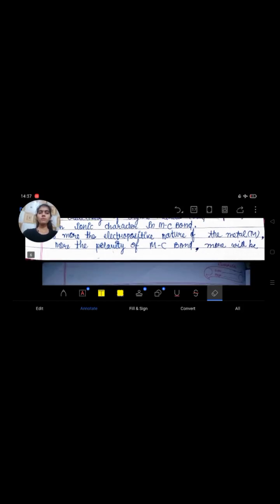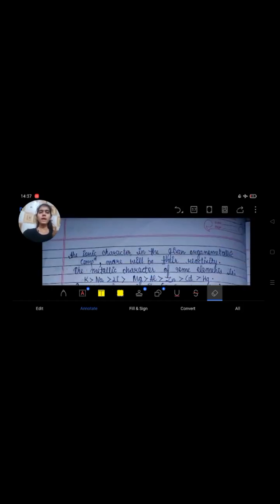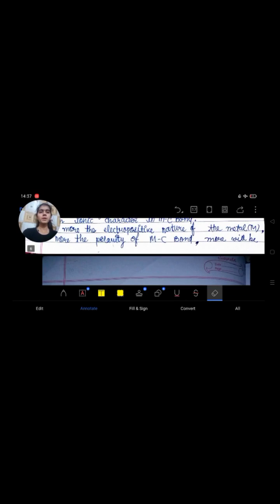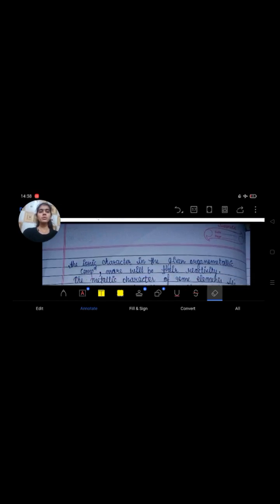That means the more ionic character in the given organometallic compound, and the more their reactivity. We can relate that the polarity of the metal-carbon bond is directly proportional to the ionic character of the organometallic compound, and that is directly proportional to their reactivity.